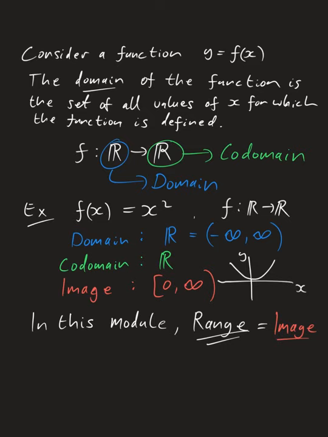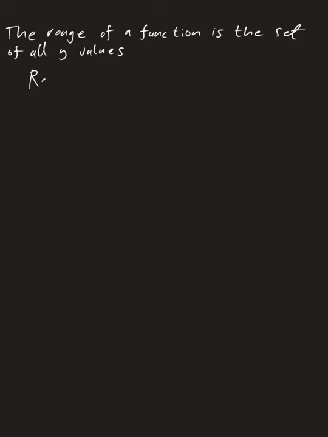That is the set of y values for which there is some f of x equals y, or the set of y values that the function actually takes. So for our purposes, the range is the set of all y values that the function takes. So in set notation, that's the set of all f of x such that x is in the domain.